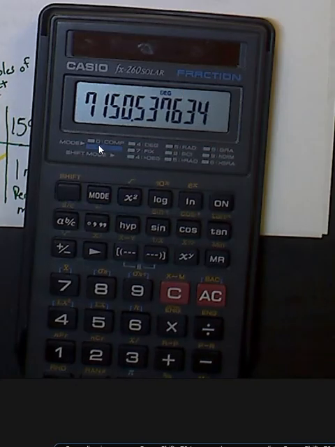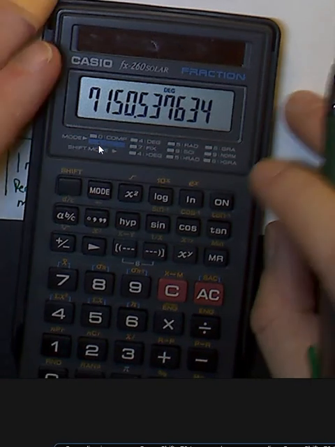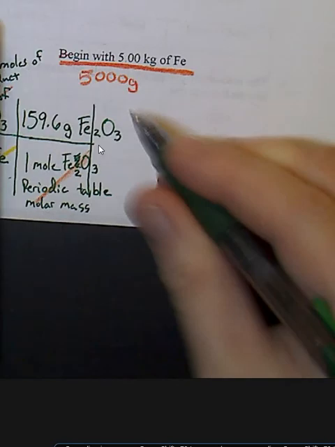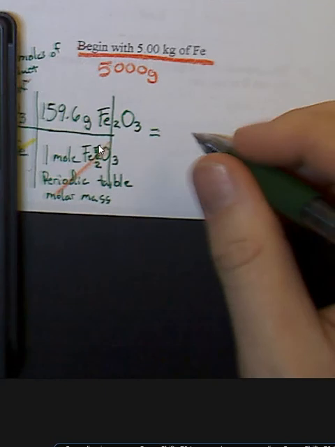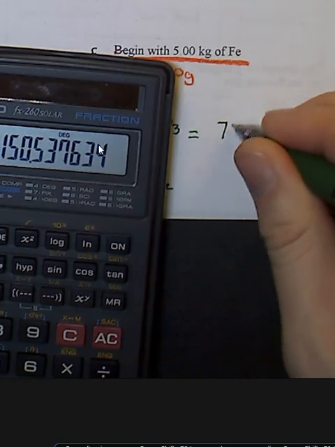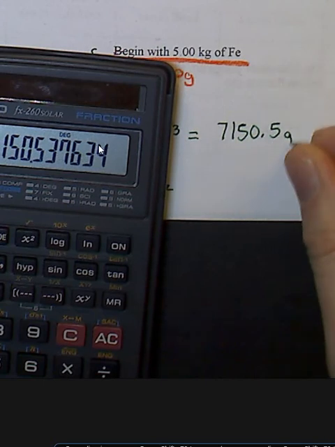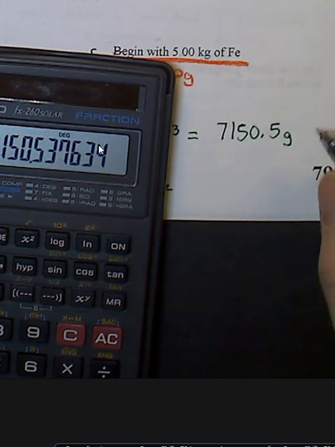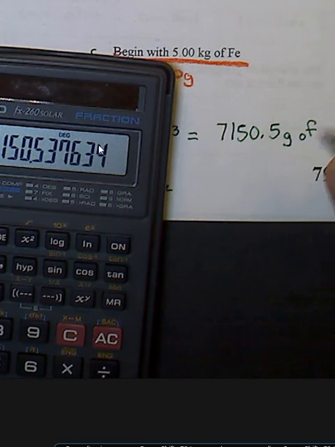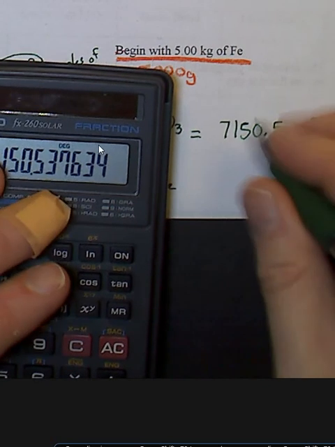That is the same answer that I got last time. I actually already plugged this in a few times. Okay, so my answer, 7,150.5 grams of iron oxide. Remember, we're looking for whatever is underlined, Fe2O3.